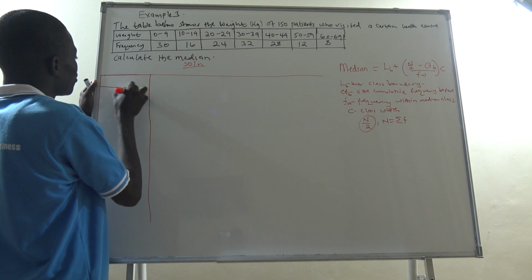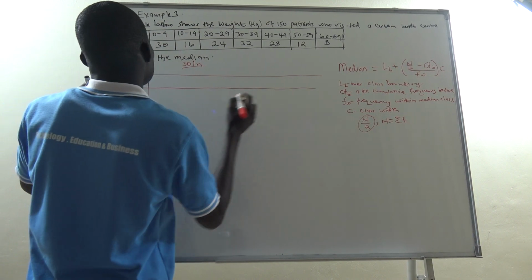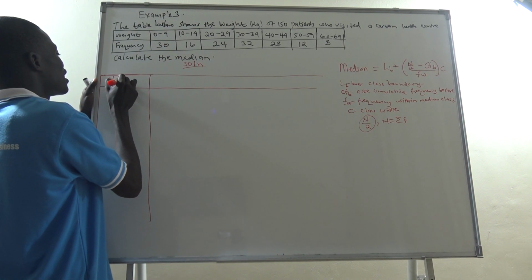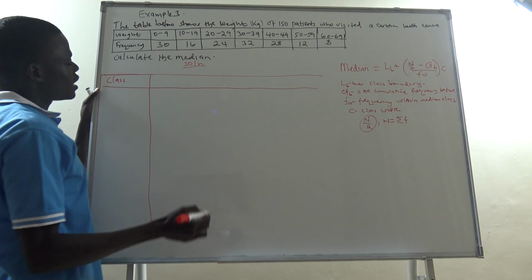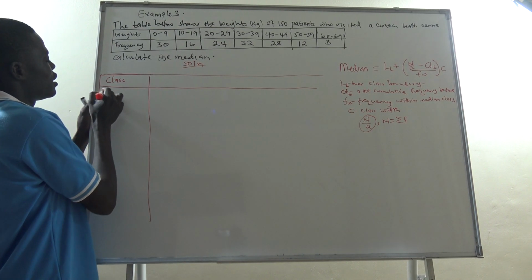So we have our columns of the frequency distribution table. The first column is always the class, but for this case, you can put it as weight. Also, it will serve the same purpose.